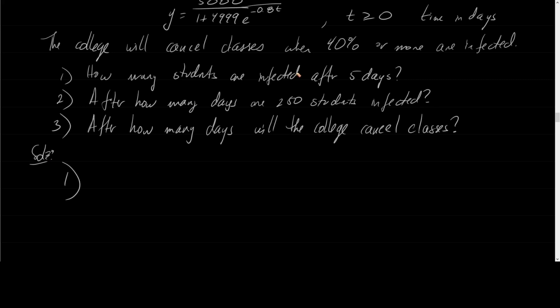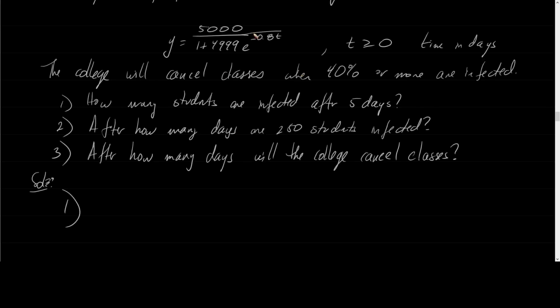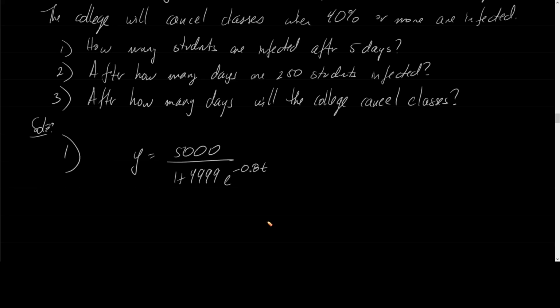We know this is our model, and we're asked about 5 days. That's our time in days, so let's plug that in. We have y is equal to 5,000 over 1 plus 4,999 e to the negative 0.8 t, and this is just plugging in that 5 instead of t.